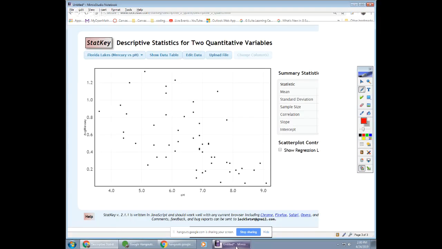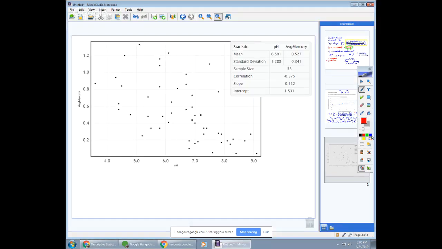So what do we got? Let's see. According to StatKey, there's the slope, there's the y-intercept. So the equation would be y equals negative 0.152 x plus 1.531. Okay, let's interpret the slope.